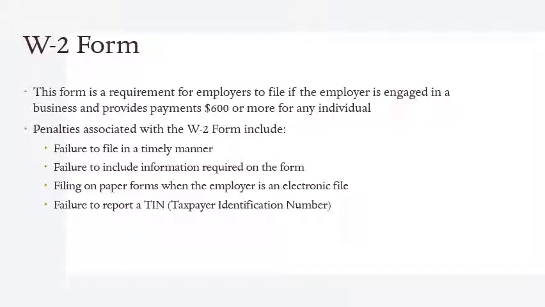There are penalties associated with filing Form W-2 if you fail to file the form timely, if you're late in meeting the deadline, and for failure to include required information on the form, filing on paper forms when the employer is an electronic filer, and failure to report a taxpayer identification number. These are all things that will incur a penalty for the employer.